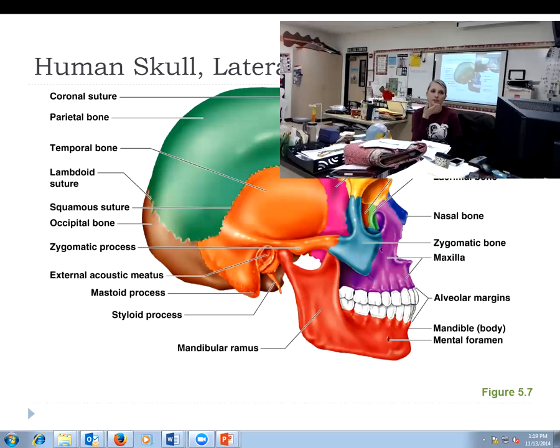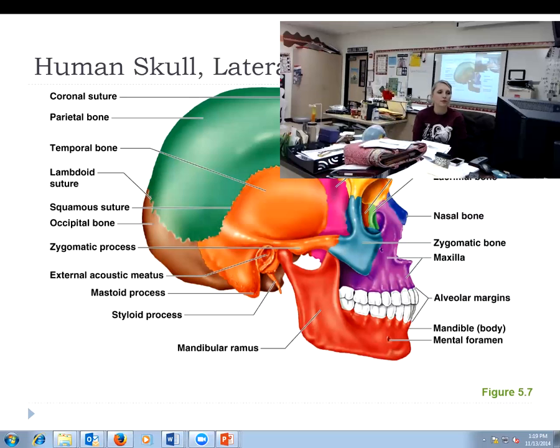Acoustic or auditory means sound. So that's actually the hole. Meatus is typically an opening, and that is the opening in your skull where your ear is. It's just an opening. External acoustic meatus or external auditory meatus. I think auditory is what I use on the test.